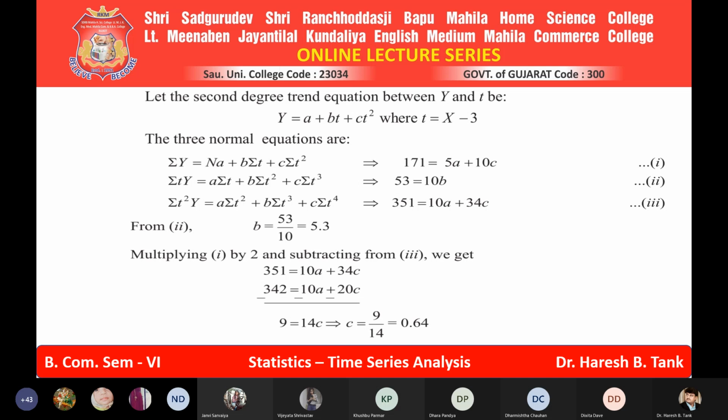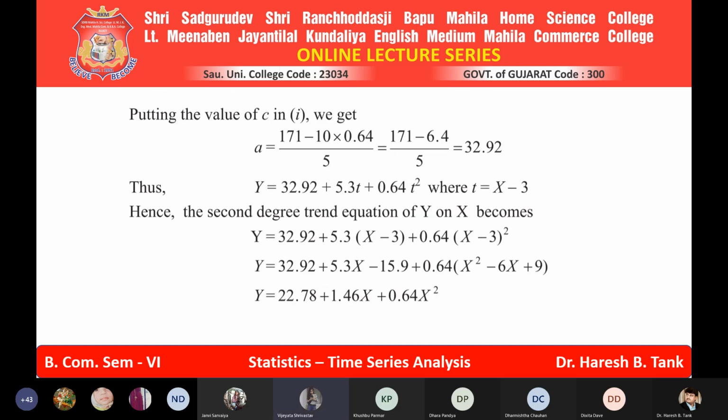Proceeding in a similar way, are you getting the value of b as 5.3, the value of c as 0.64, and the value of a as 32.92? Yes, sir. So the second degree equation becomes something like this.